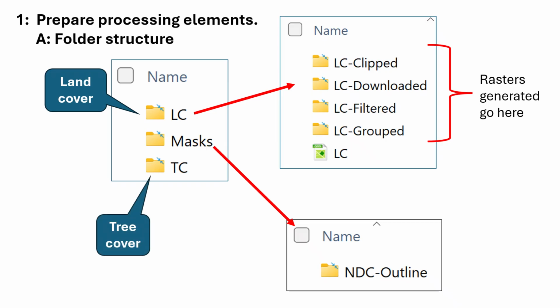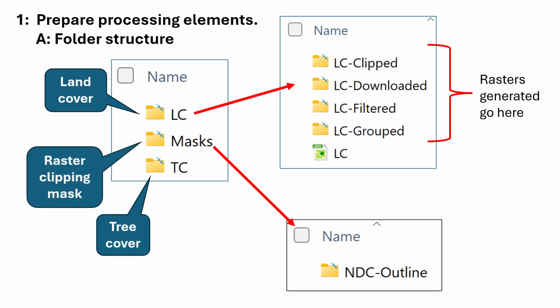The tree cover folder will contain folders that will hold raster files used for the tree cover element of this overall project. The raster clipping mask folder will contain the masks that we will use to clip the raw image rasters for our area of interest. The land cover folder also contains the QGIS project we will be describing here.